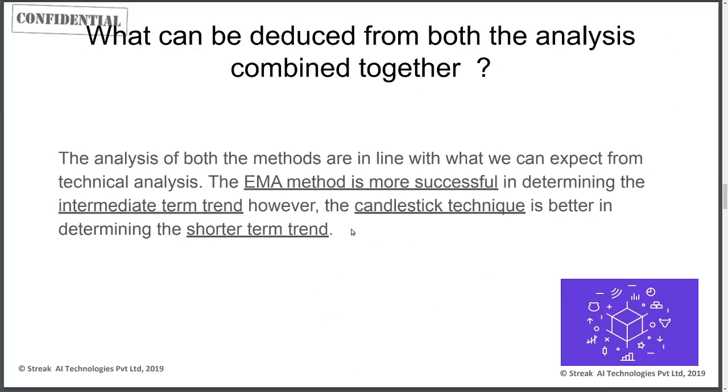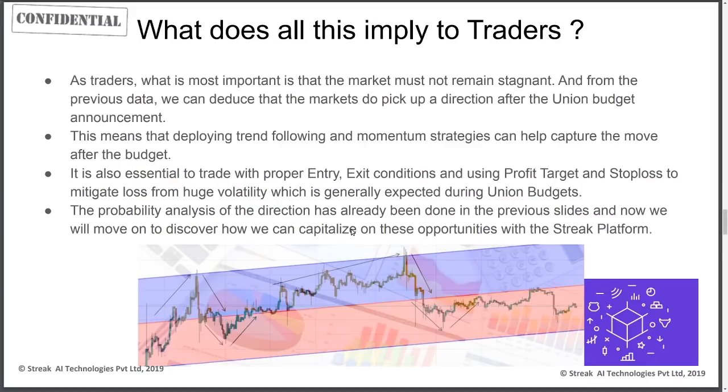Okay, so now that we have gone through this, let me take it a step forward. Let's understand what all this implies to us as traders. That is what is important at the end of the day. As a trader, it is important to understand that the market should not remain stagnant.